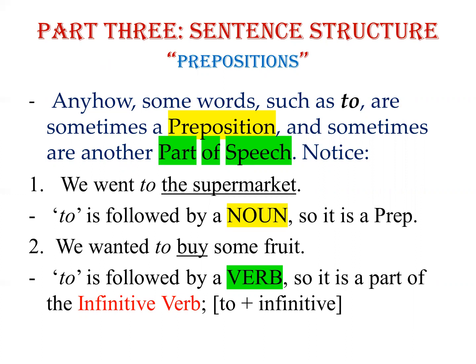If it is a noun, then this word is really a preposition. But if it is not a noun, you have to specify what kind of part of speech this word is.